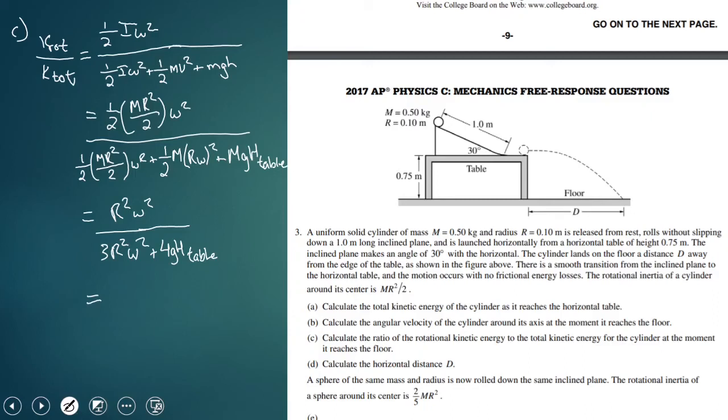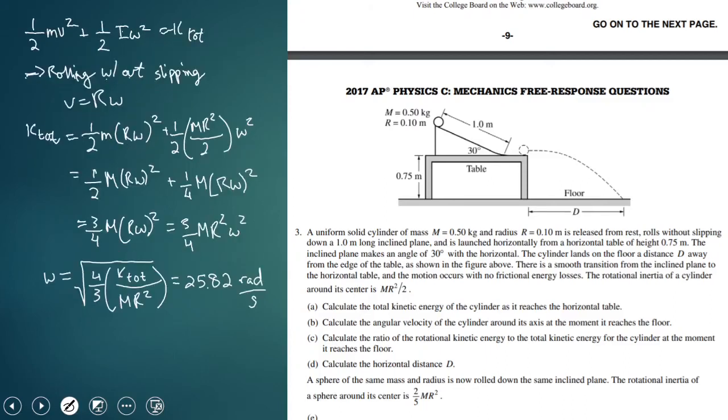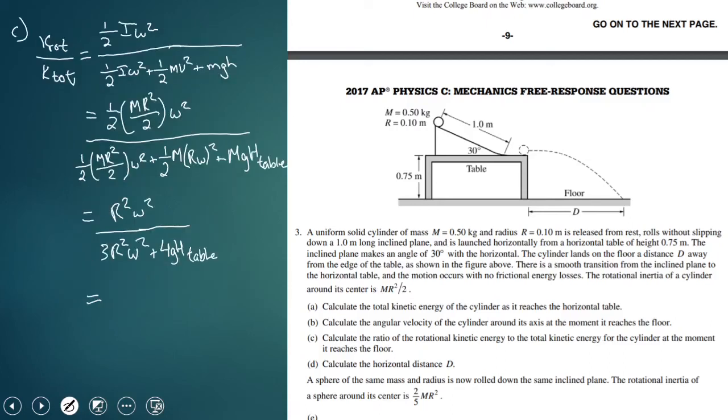So we know that our radius is 0.1. We know that our mass is 0.5. Our angular velocity we derived was 25.8. It can be 25.6 or 26, whichever one you choose, divided by 3 times those values. Our gravity we can use as 10 again, and our height is 0.75.